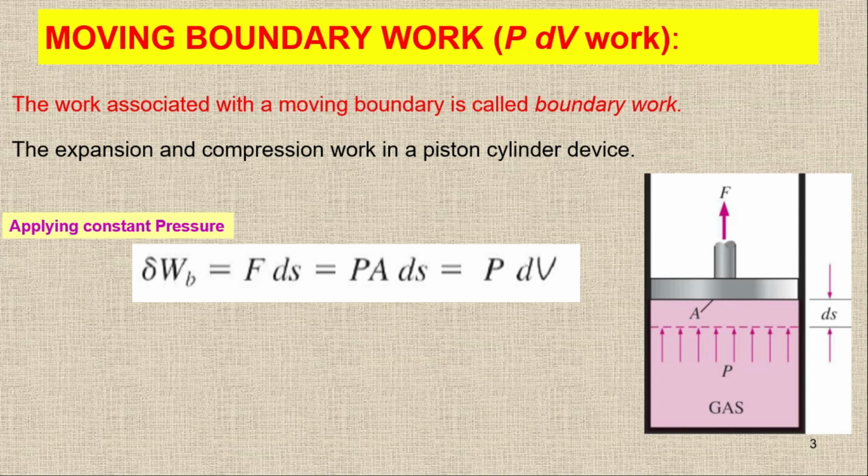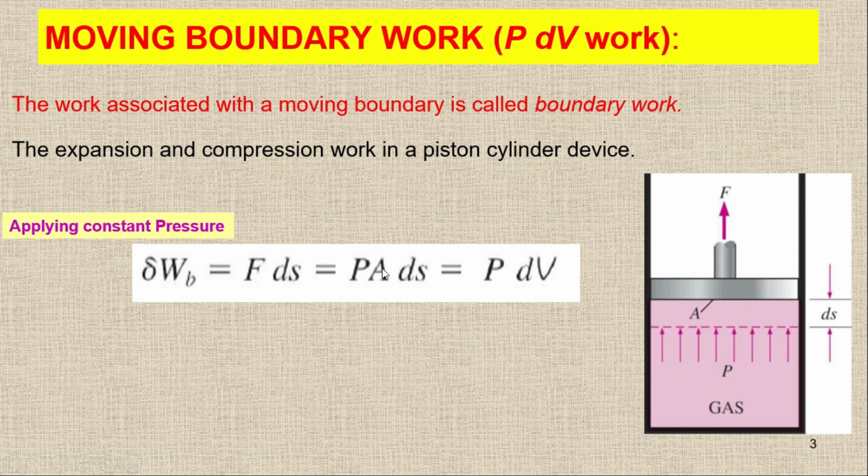By definition, work is equal to force times the displacement. I can replace this force by PA, because pressure is force upon area, so force is simply pressure times the area, and we have the ds here.